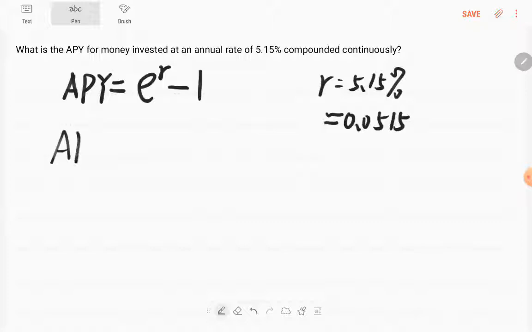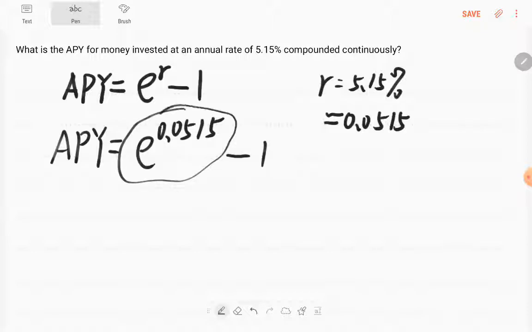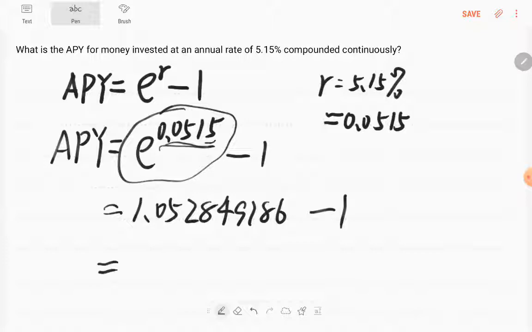So the APY is equal to e to the 0.0515, minus 1. You need to calculate the exponential first. Do not subtract 1 in the exponent. If you use a calculator, e to the 0.0515 would be 1.052849189, minus 1, so this is 0.052849186.